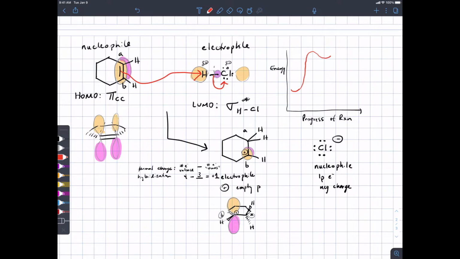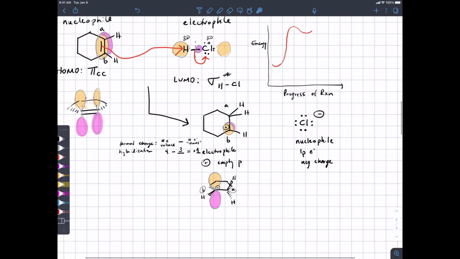Now, the question as to whether you'd go back downhill or whether you can go on to react with something else too, we'll see. We'll generally see in this class carbocations are high energy intermediates, not particularly stable. But okay enough for some reactions.